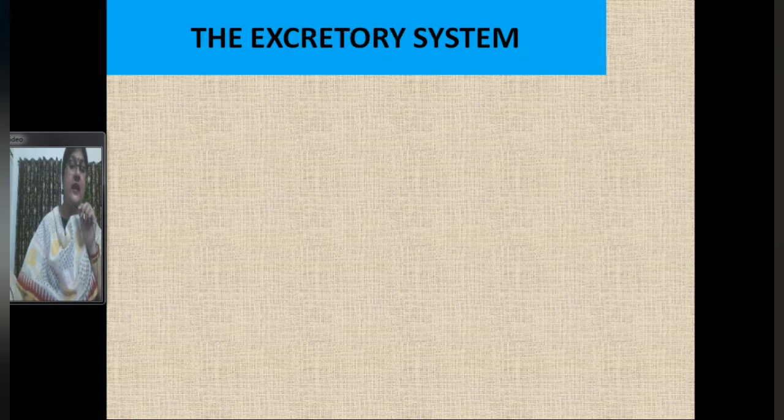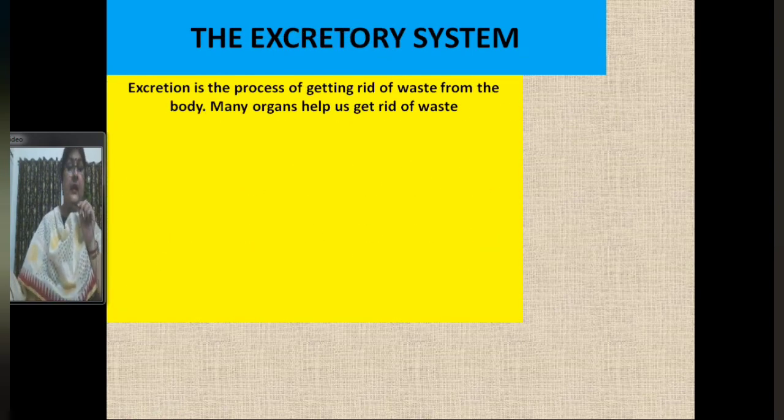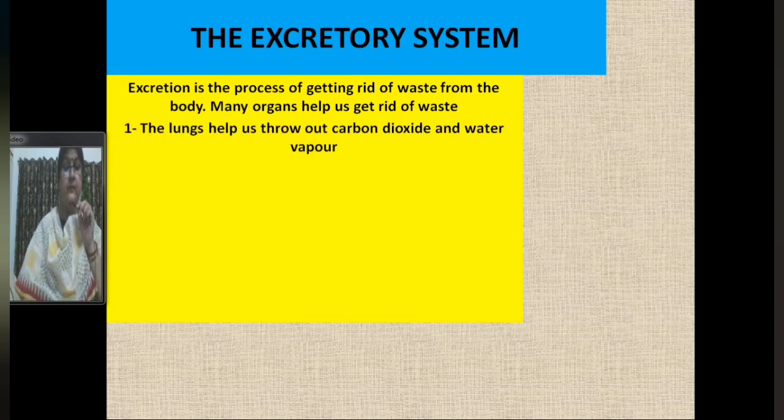Now see what is the excretory system. Excretion is the process of getting rid of the waste from the body. Many organs help us get rid of waste. Number 1, the lungs help us throw out carbon dioxide and water vapor.